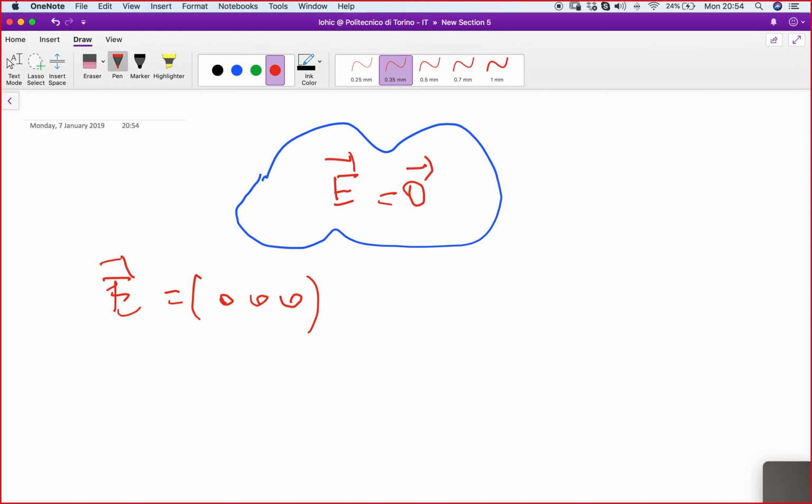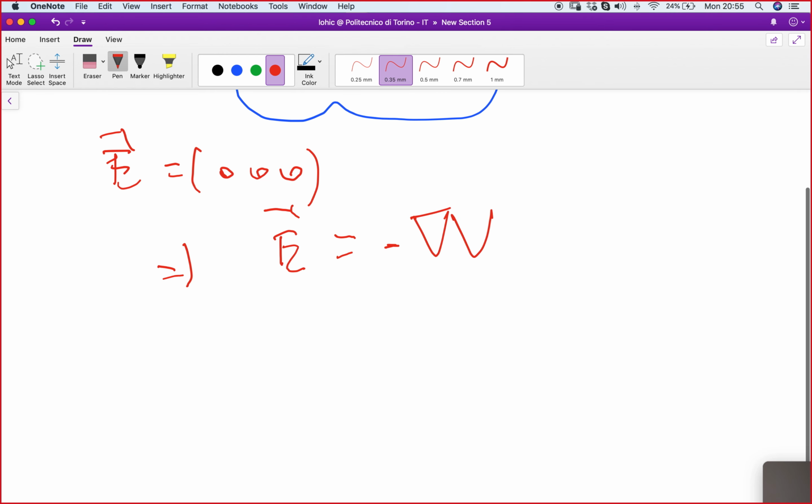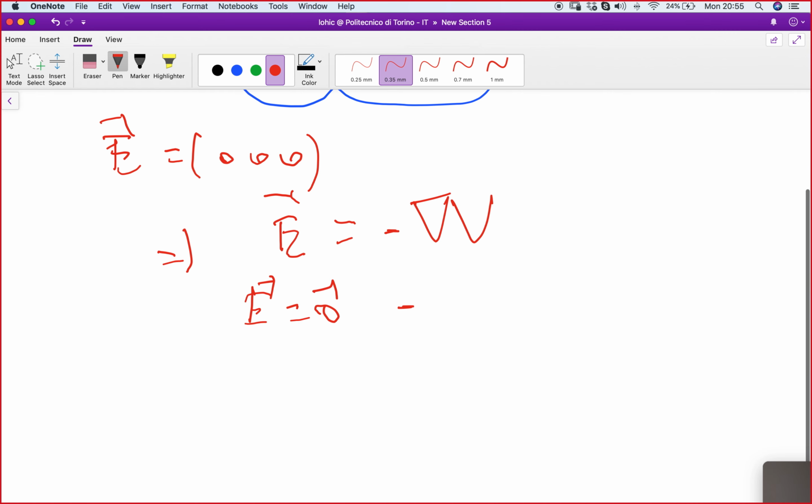If the electric field is 0, 0, 0, what does it mean? Remember that the electric field is nothing else than minus the gradient of V. So as the electric field is the null vector, minus the gradient of V is equal to the null vector.